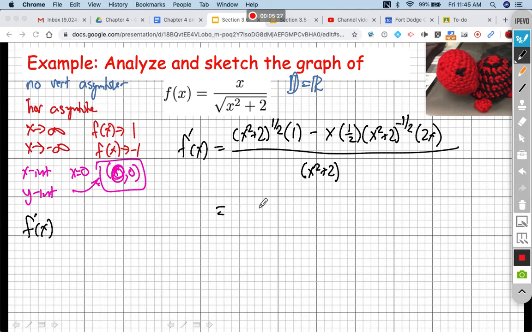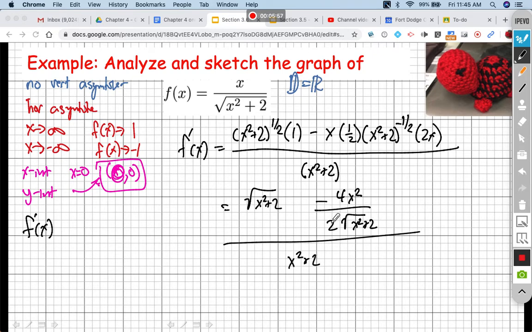Let's play with this a little bit. I'm going to write this with square roots. Square root of x squared plus 2 minus 4x squared over 2 times the square root of x squared plus 2. And I'm going to make a common denominator here.